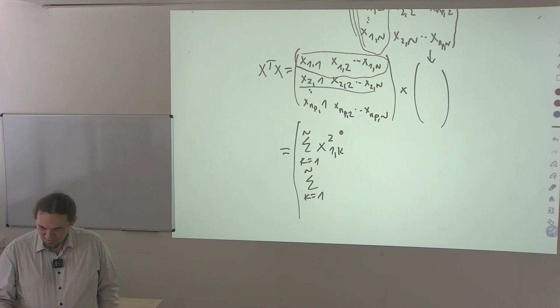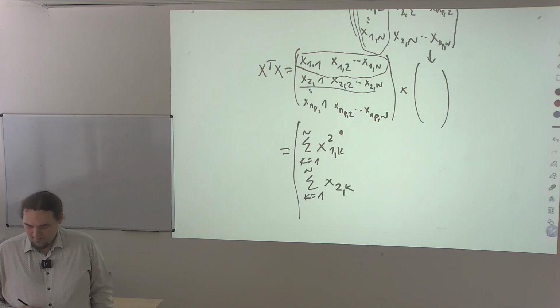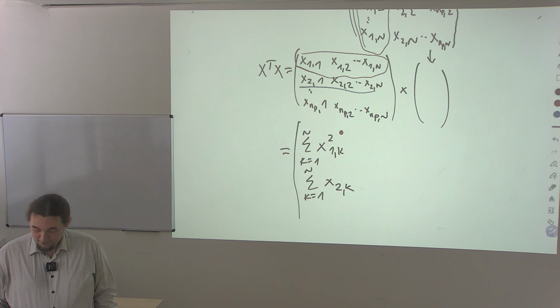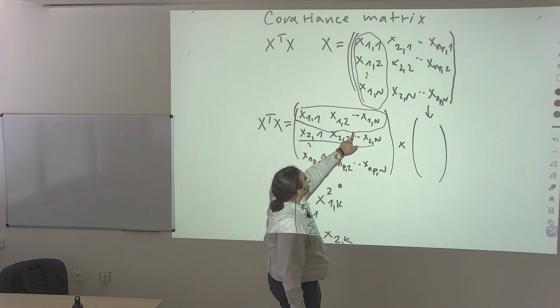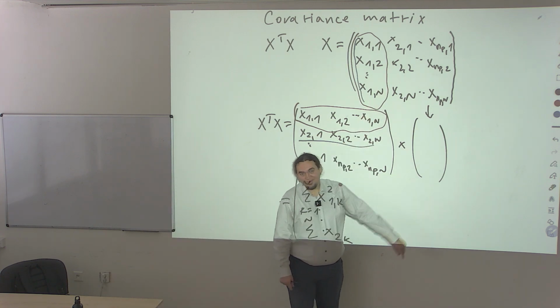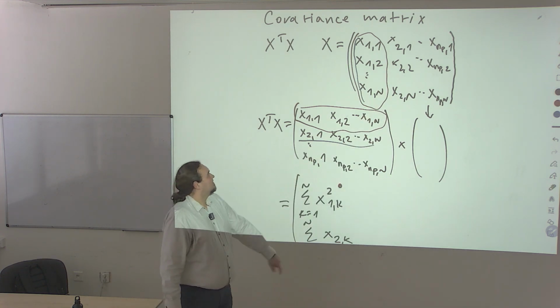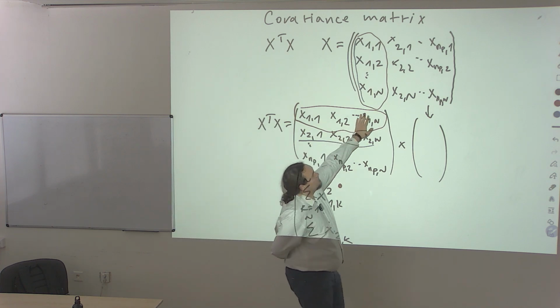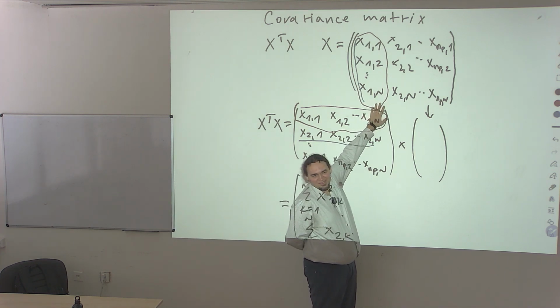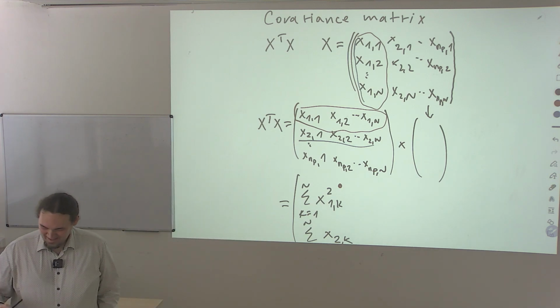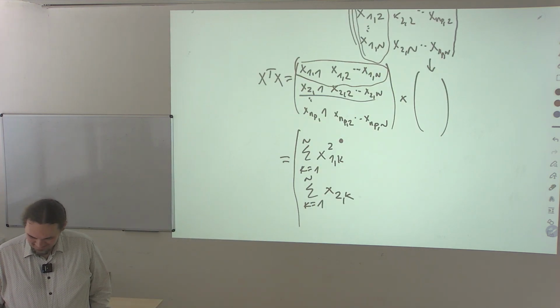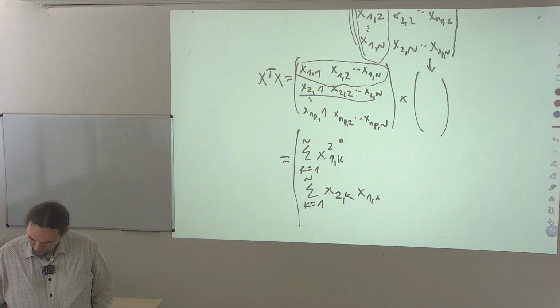What should we write? x2k times x1k. Exactly.